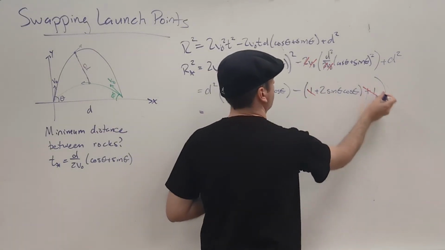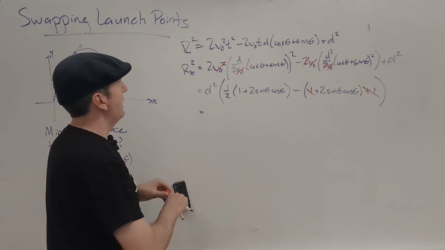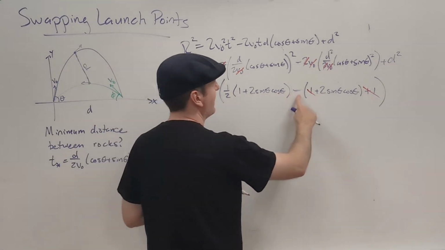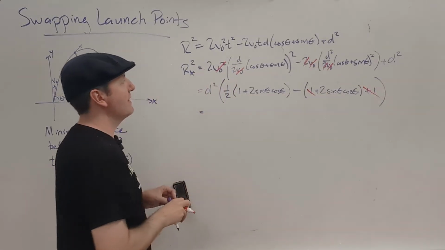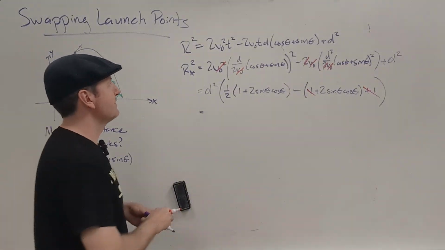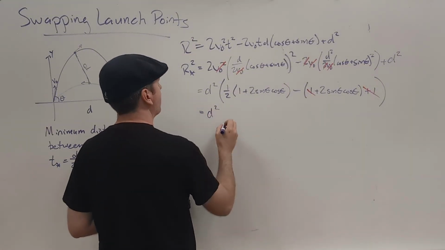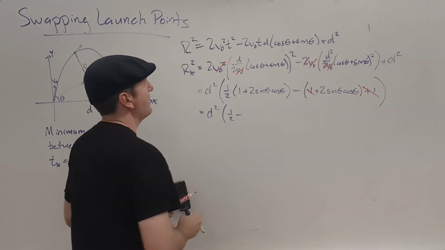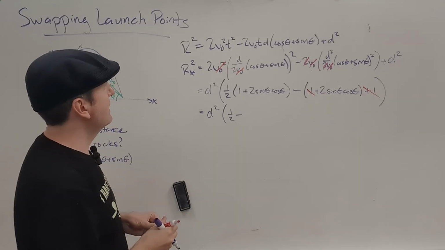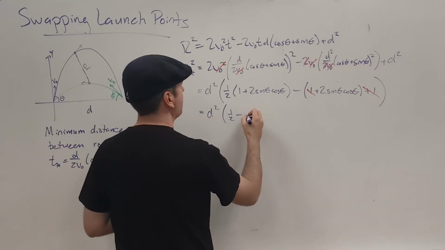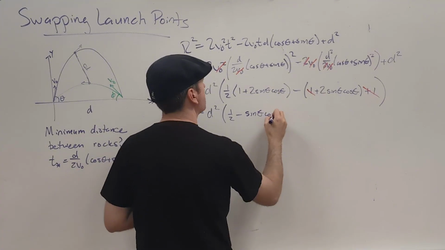This -1 and +1 cancel. I have a 1 minus a 2, which is very famously a -1. There's a D squared out front, and then I'll have a 1/2. And when we subtract everything carefully, we'll end up with a -1 sine theta cosine theta.